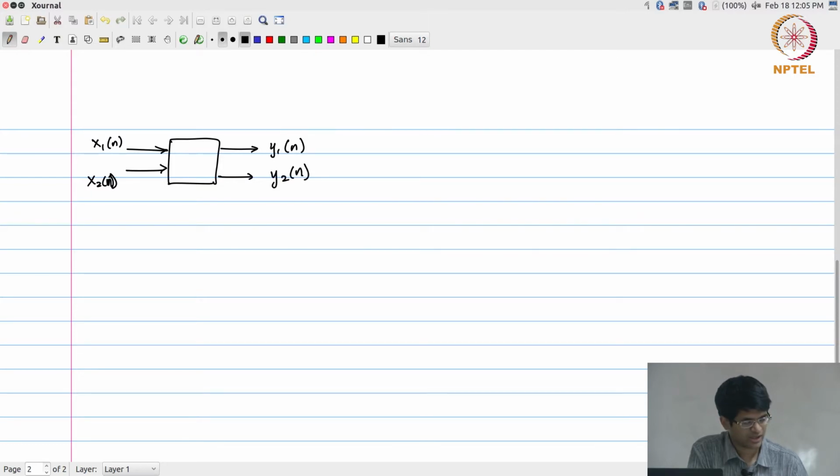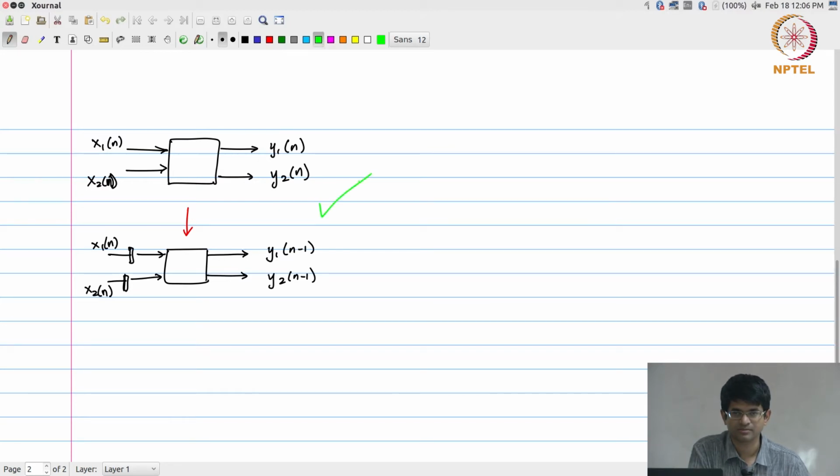As long as I can introduce delays on the inputs, and I get some outputs, in this case, as long as what I am going to get is y1 of n minus 1 and y2 of n minus 1, then this is essentially an acceptable transformation.